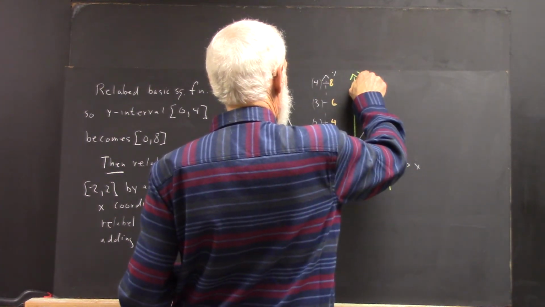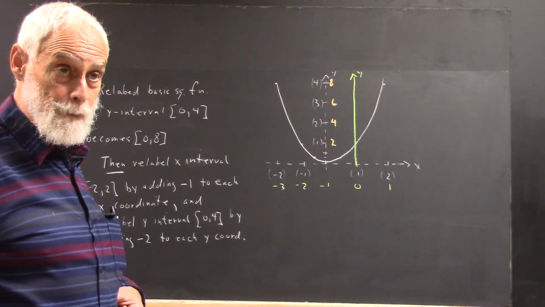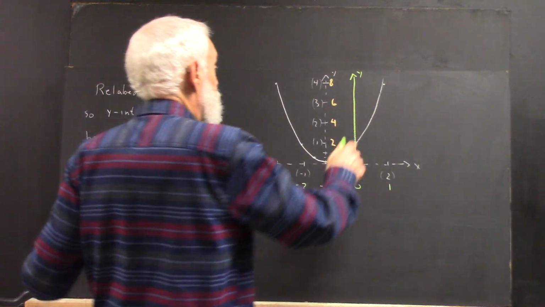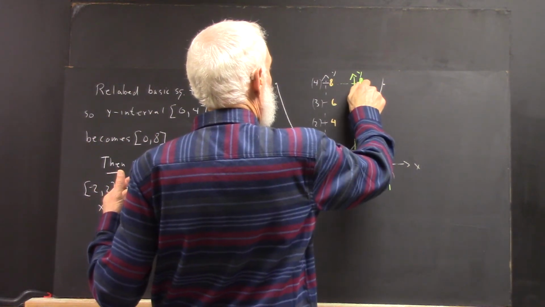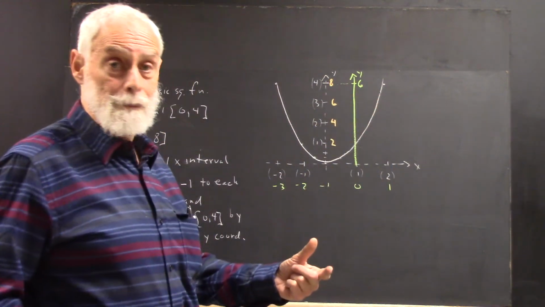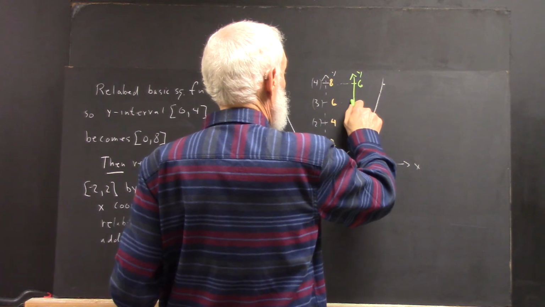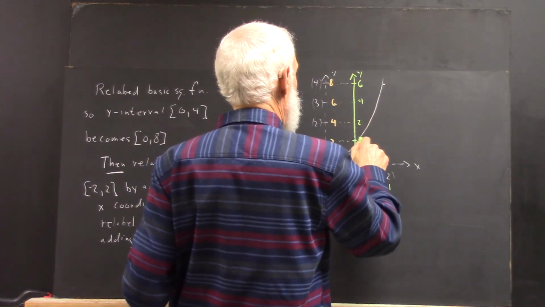So we know we need at least this much y-axis, okay? And what else? Well, now we know what the coordinates are going to be, so this coordinate here is going to become 6 because we subtract 2 from every y-coordinate. We get 4 here, we get 2 here, and we get 0 here.